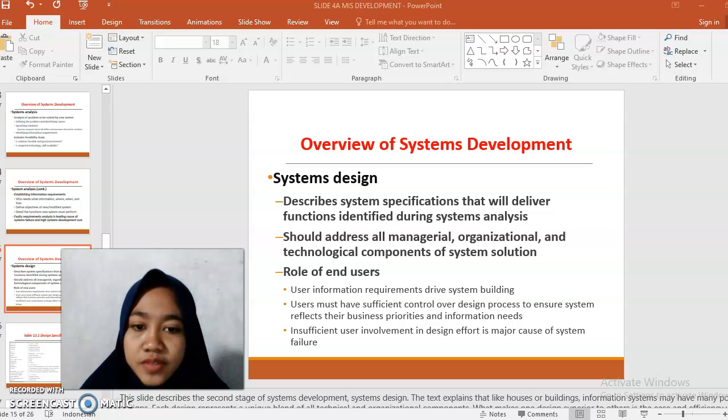Users must have sufficient control over the design process to ensure the system reflects their business priorities and information needs. Insufficient user involvement in design efforts is a major cause of system failure.